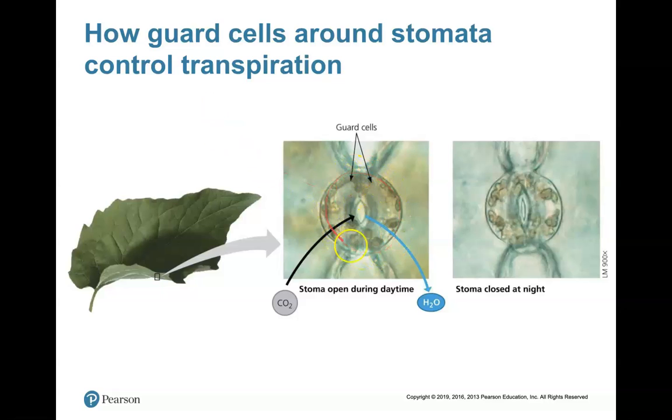Something called guard cells, as we can see here in this leaf, control this opening in the stoma. Here's carbon dioxide entering, and water loss occurring during the daytime. We can see it more open. At night, we can see the stoma closing, which prevents water loss from occurring. So guard cells are a way through the stomata that plants can control transpiration.